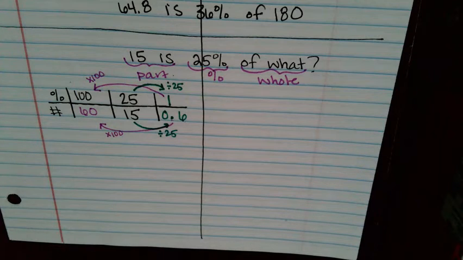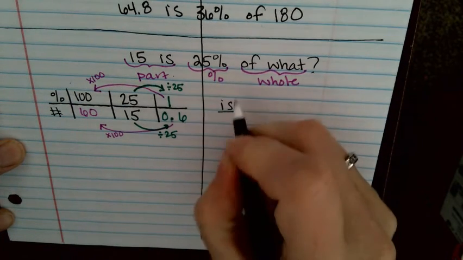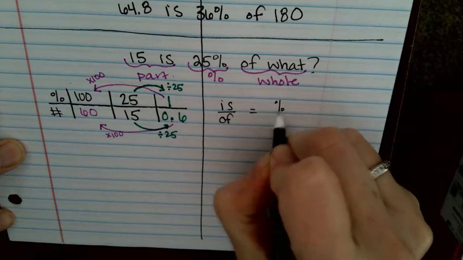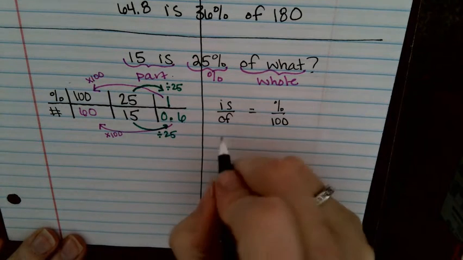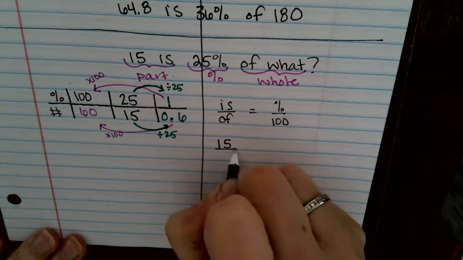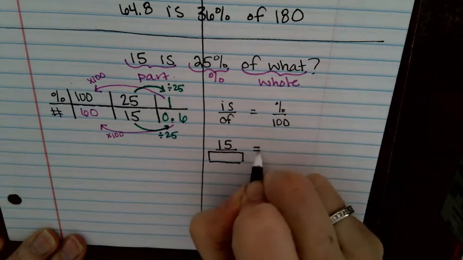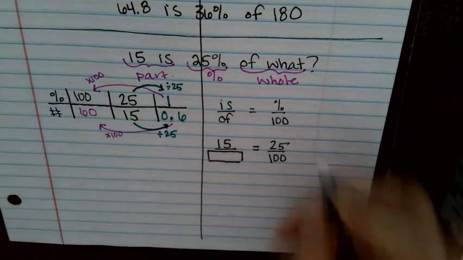If I want to do this with a proportion, I could sure do that. I'm going to write it a little bit different this time: is over of equals percent over 100. I do know the is part, that's 15 over, I don't know yet, equals, well, I know it's 25% of 100.